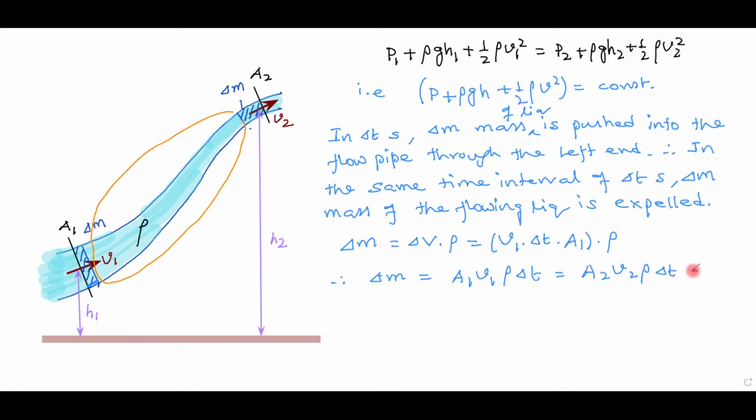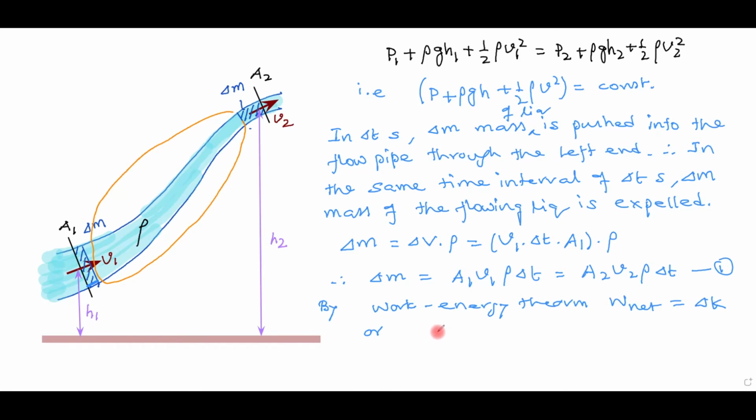Now, so this is one. Now, let us apply work energy theorem. Work energy theorem is W net equal to del K. Now, what exactly is W net?